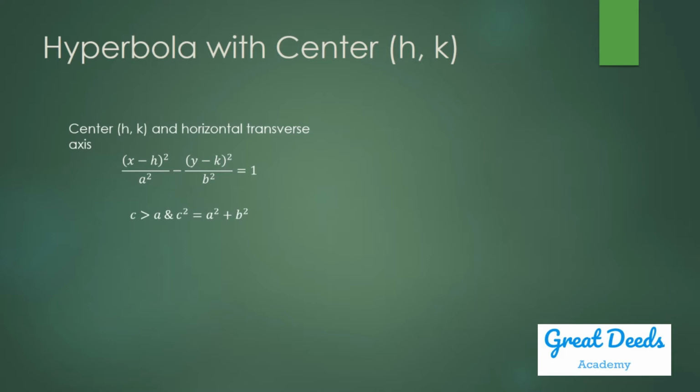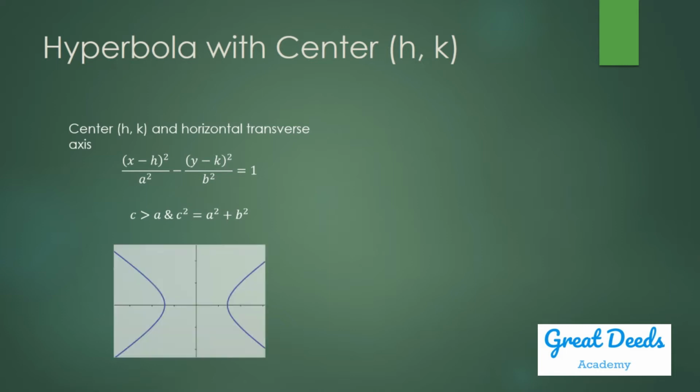And the value of c, what information can we get from c? It's the distance of the focus from the center. So this is how your hyperbola might look like. This is the transverse axis, the line segment that connects the two vertices.